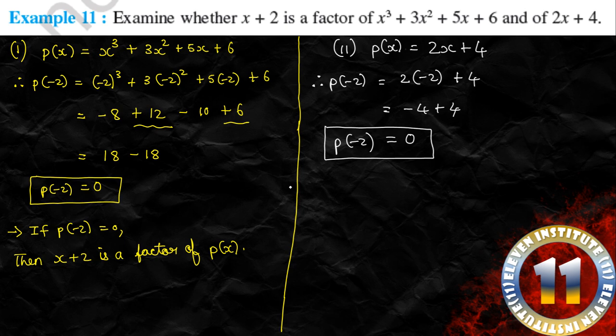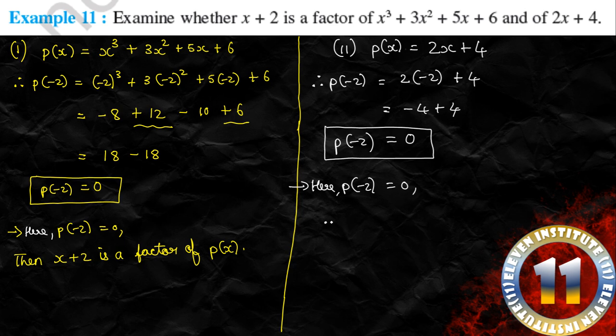Again we will write the same line over here. Since p of minus 2 is 0, we should not write "if" over here. We should write "here", right? Because p of minus 2 has come out to be 0. We can write here p of minus 2 is 0, right?